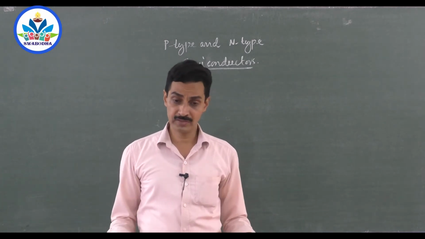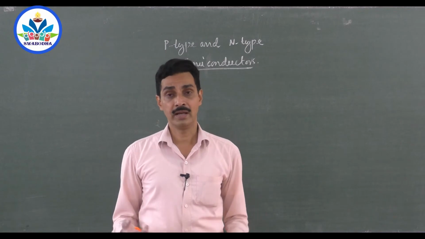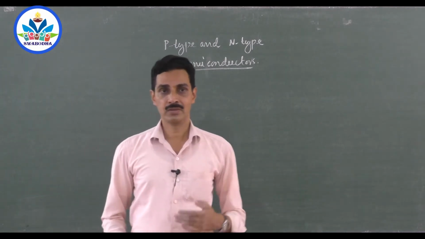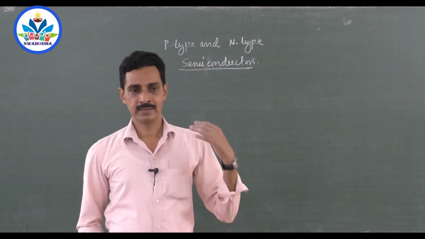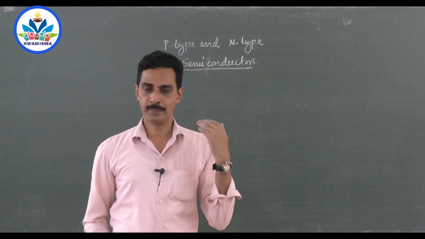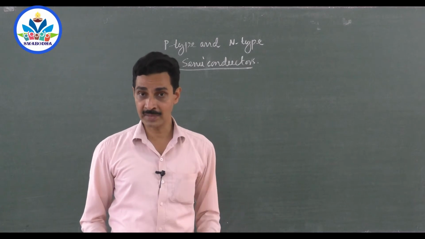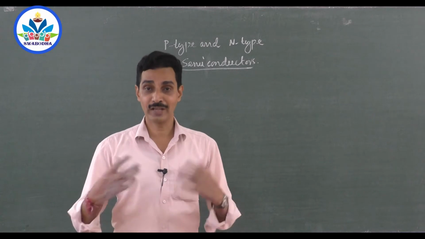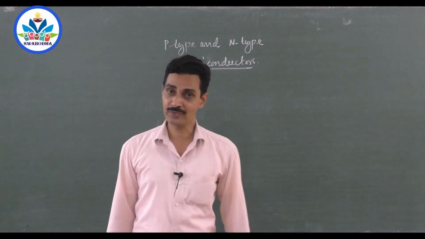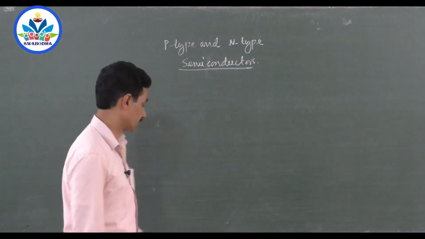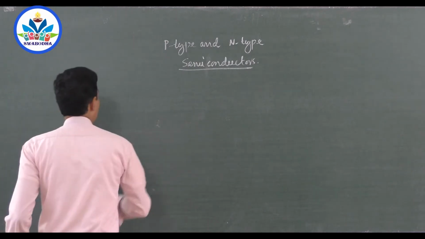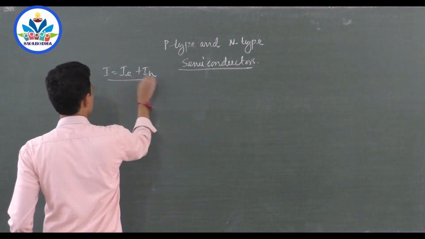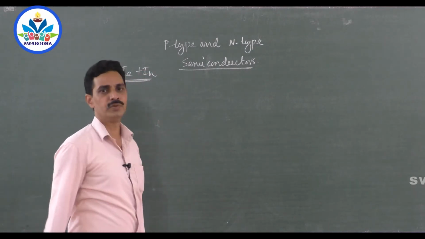In an electric field, even though electrons and holes move in opposite directions, the total current in a semiconductor is the current due to electrons plus the current due to holes: I = I_e + I_h. It gets added up even though they move in opposite directions.